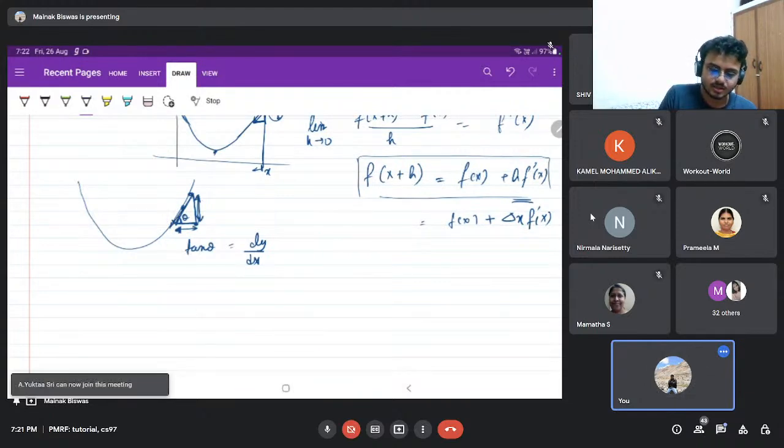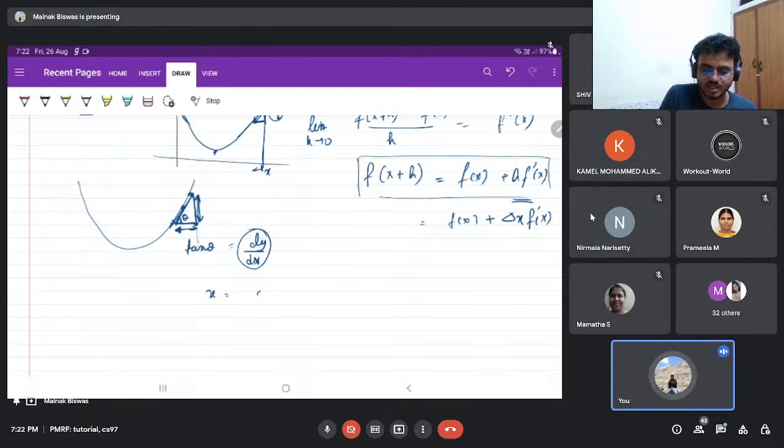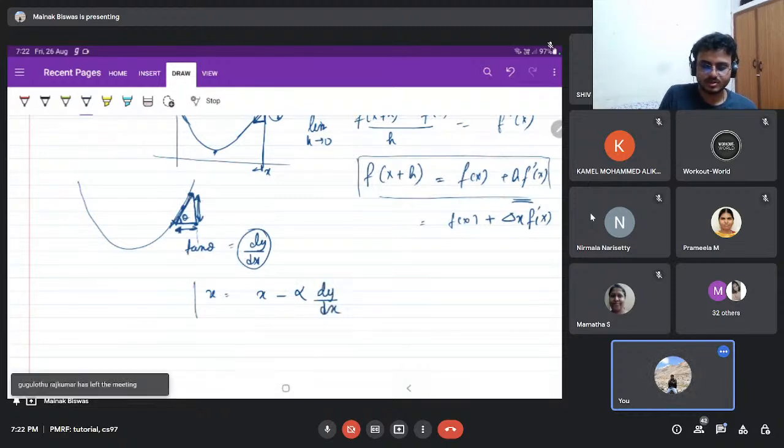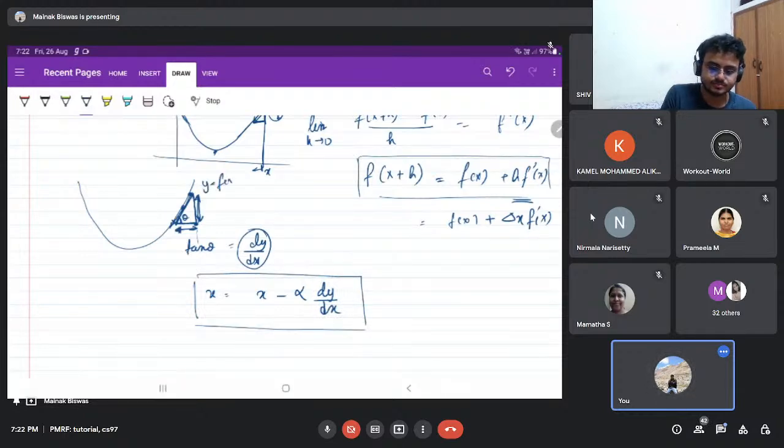You take dy dx in this direction, so you want to change x this way. So x we want to change as x minus some alpha, so you want to move along this base into dy dx. So y is some function of x here. This is what you want to do.